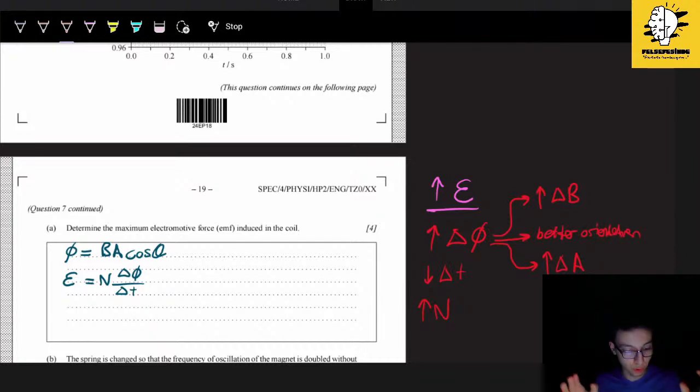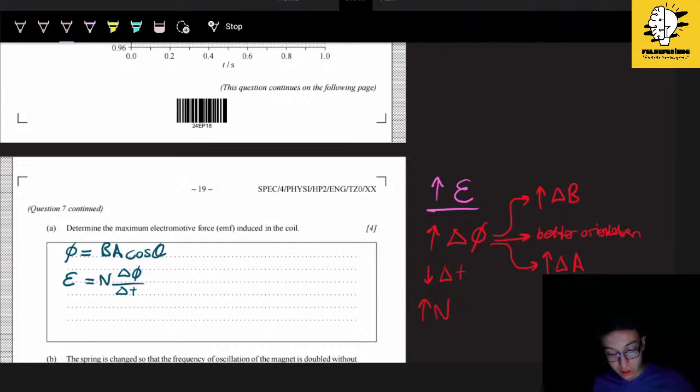I just used the formula. Electromotive force is equal to N times delta phi over delta T. So I should either have more number of coils to increase my epsilon, or decrease my delta T, or I should increase my delta phi, the electromagnetic flux change.